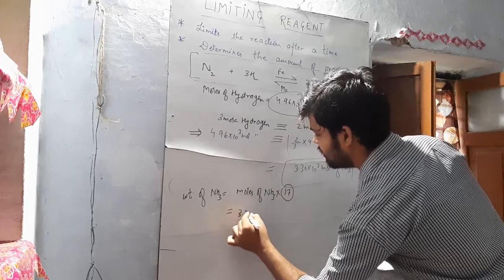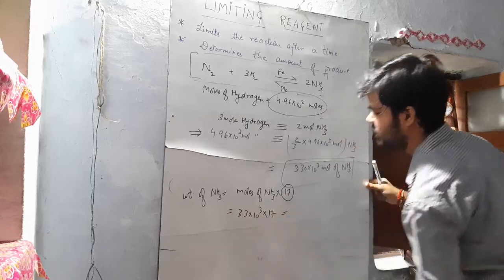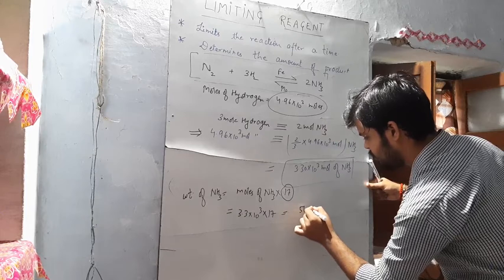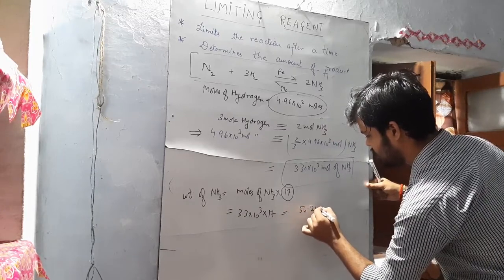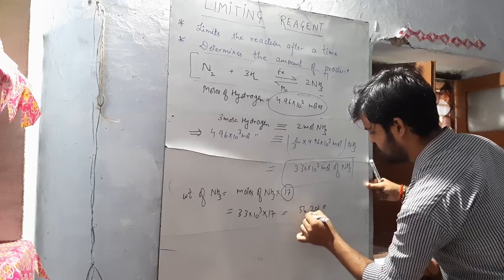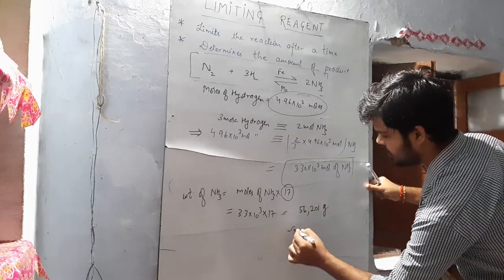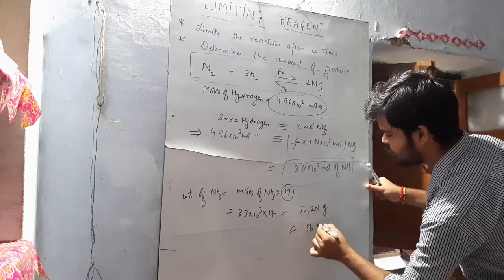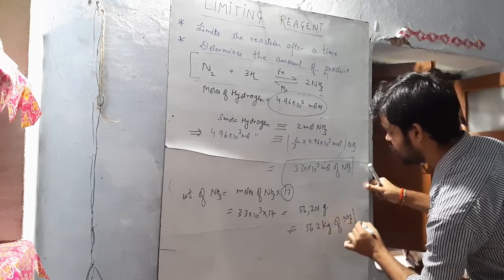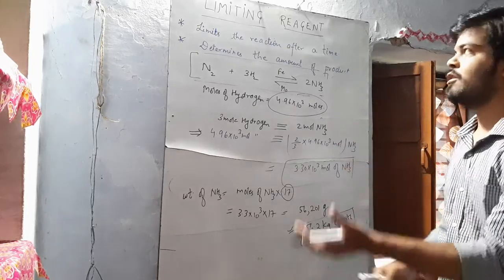So 3.3 into 10 power 3 multiplied by 17, and it comes out to be 56.201 gram. Clear? And it will be 56.2 kilogram of ammonia. Clear? So this is the concept of limiting reagent.